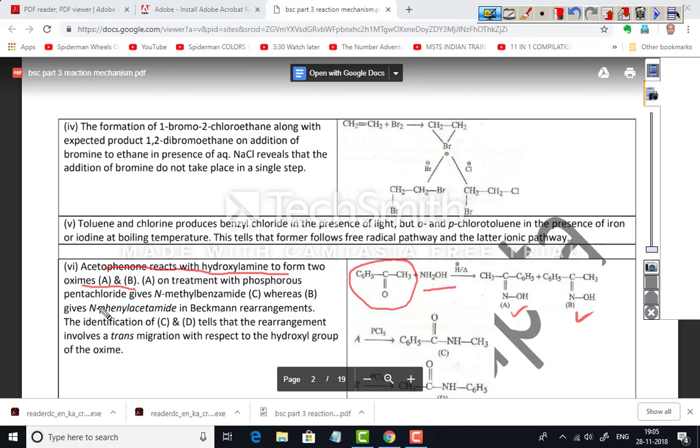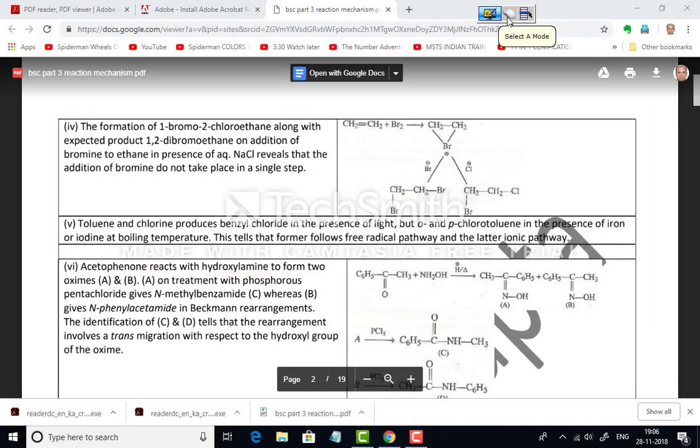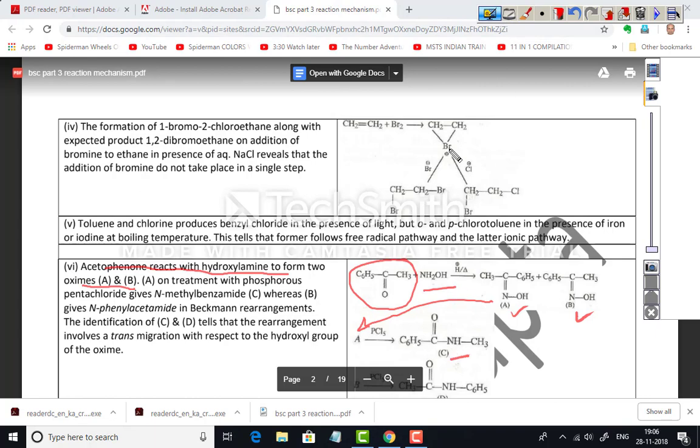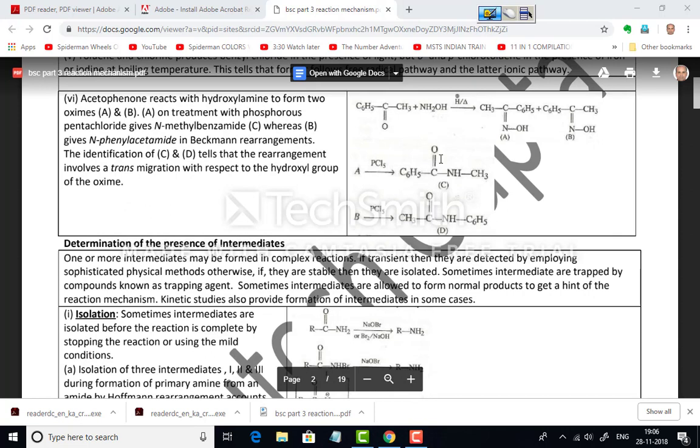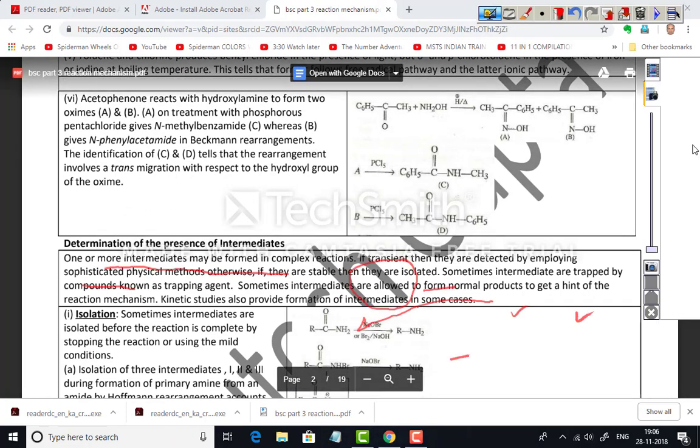Treatment with phosphorus pentachloride gives N-methylbenzamide, C. So A is over here, this gives C. So we get this C from this.